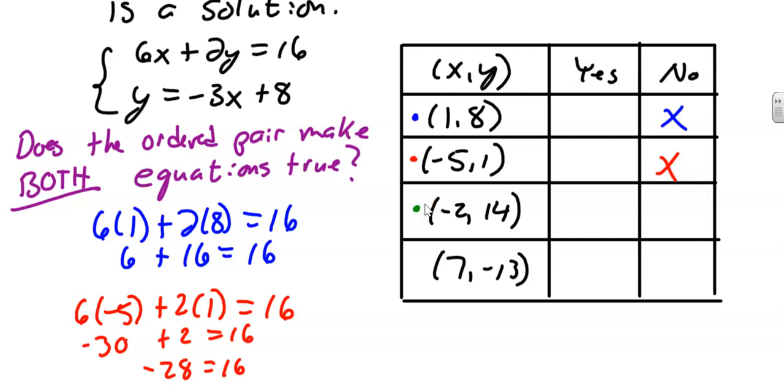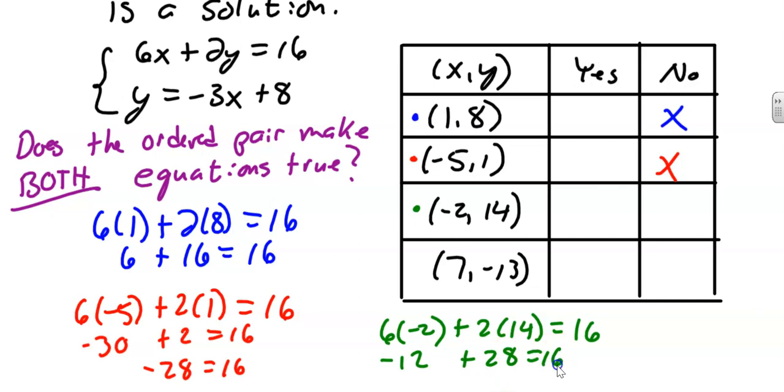One of them works here. Let's see what we got. Okay, plugging in -2 and 14, we get 6 times -2 plus 2 times 14. Does that equal 16? That's -12 plus 28. That is 16 equals 16.